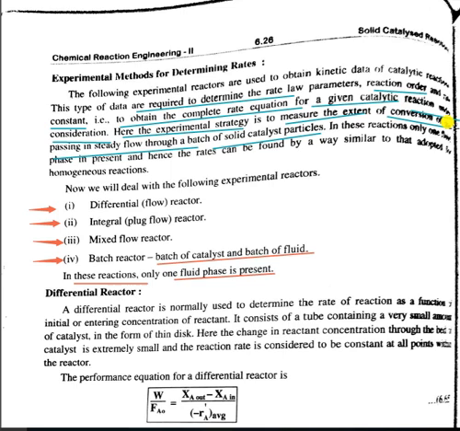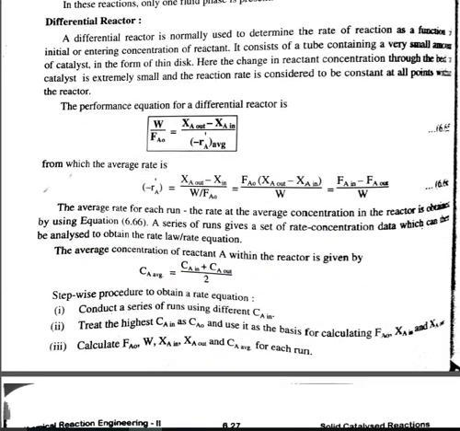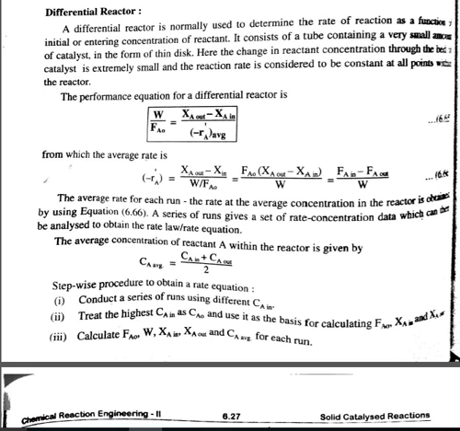A differential reactor is normally used to determine the rate of reaction as a function of the initial or entering concentration of reactant.